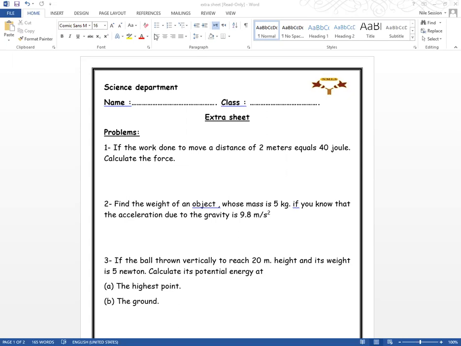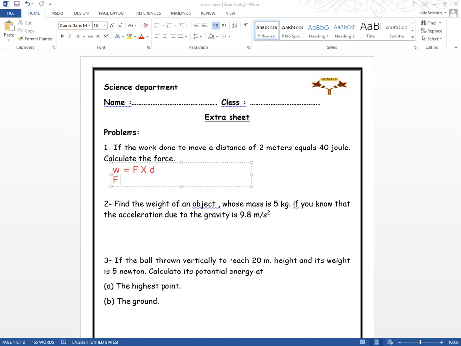Okay, number 1, if the work done to move a distance of 2 meters equals 40 joule, calculate the force. You know that the work done equals force times displacement.